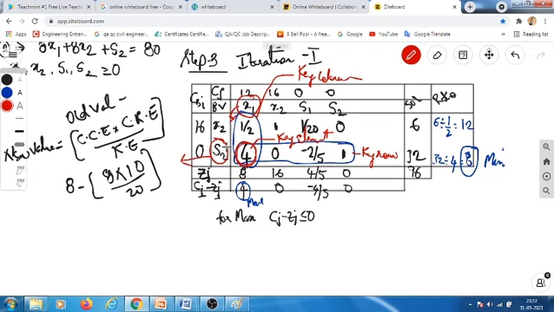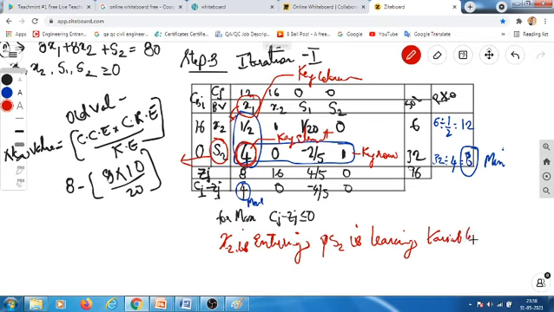Write it down: X2 is the entering variable and S2 is the leaving variable. What do we need to do? We need to perform iteration 2.